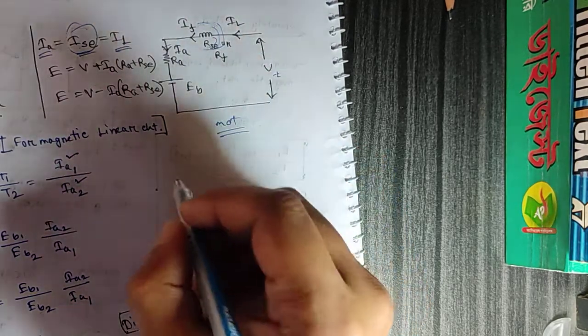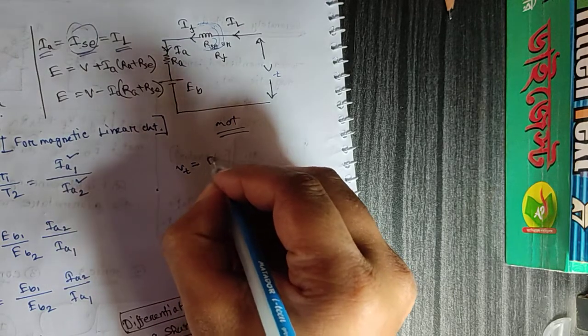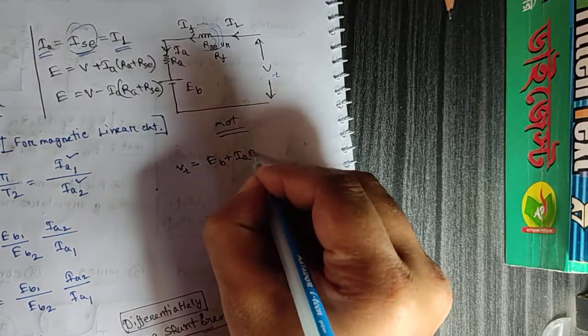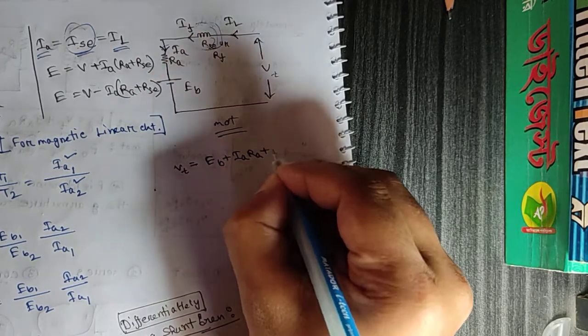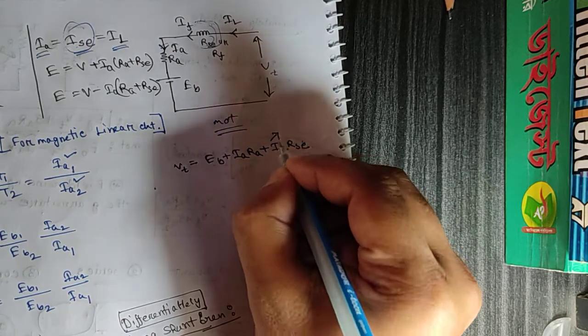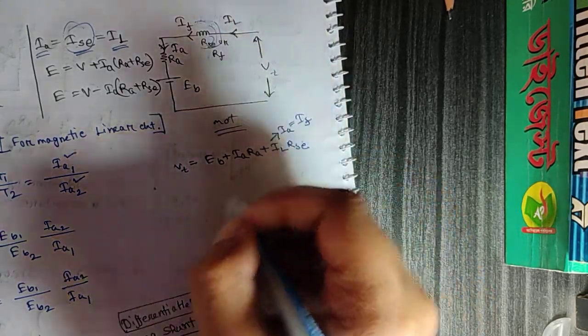So the terminal voltage Vt equals Eb plus Ia Ra plus IL Rse. This IL equals Ia equals IF, whatever you say.